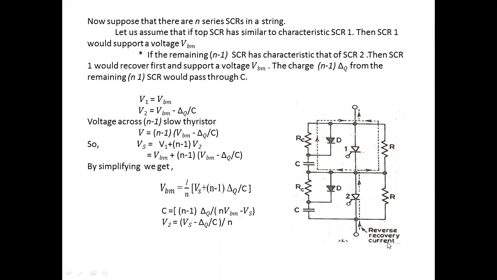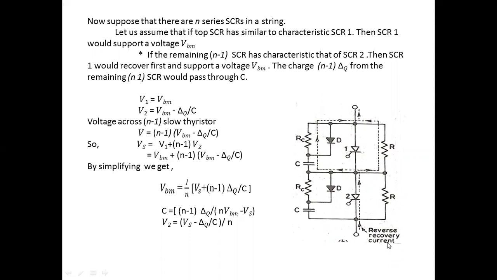Here, SCR1 is assumed to have a short reverse recovery time as compared to SCR2. Why? Because whenever current is moving towards the second one, SCR2 is to be first.